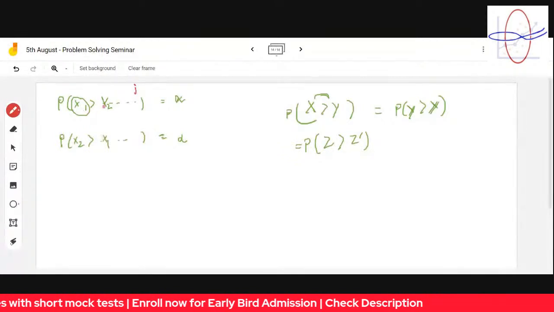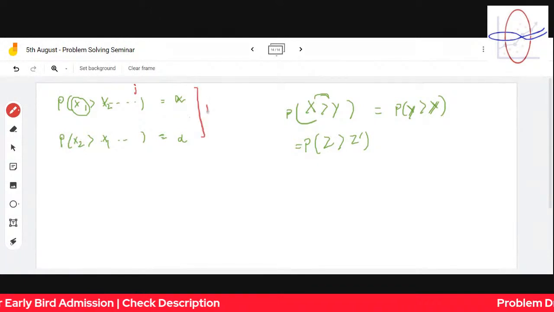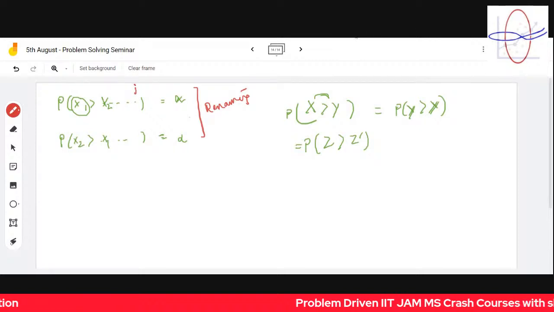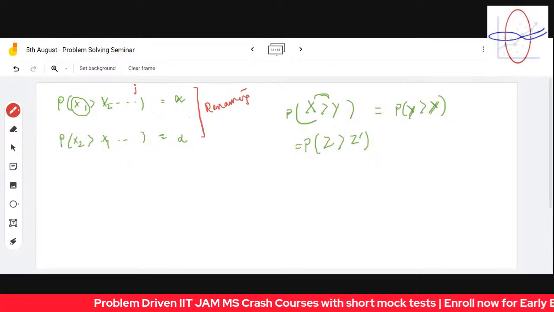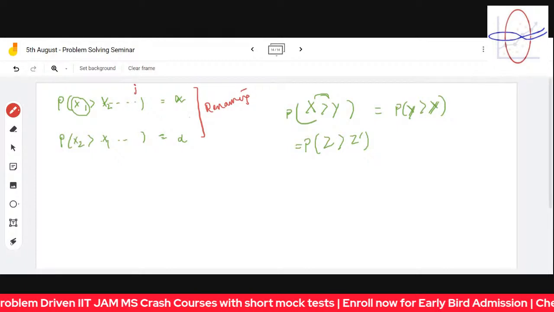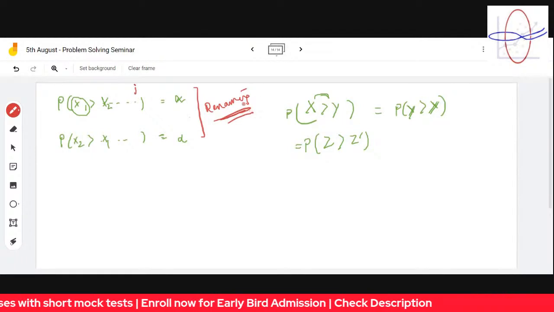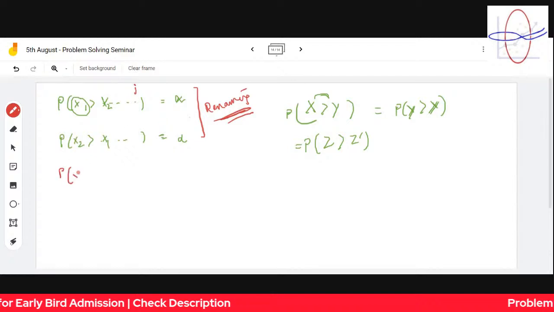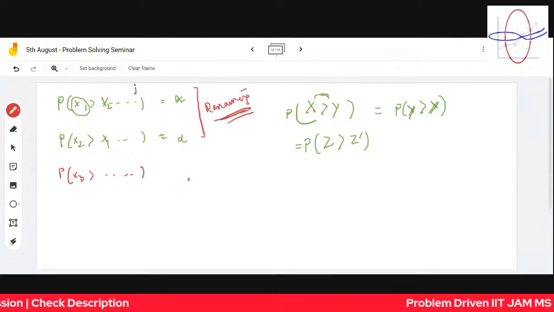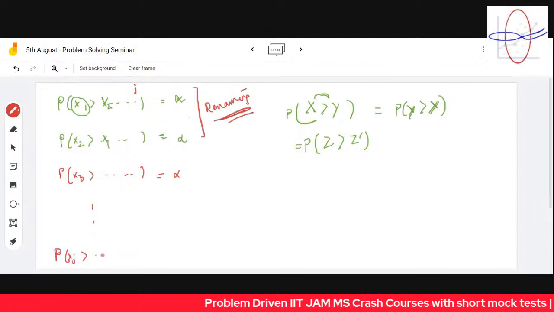It's a renaming. When they're IID, changing the inequality is just a renaming of the whole thing, like a different dress. Similarly, the probability that x3 is greater than all the others is the same, and so on up to xj greater than all others.